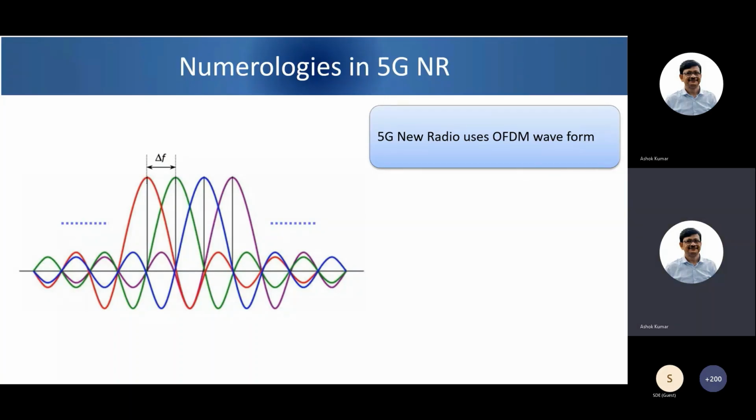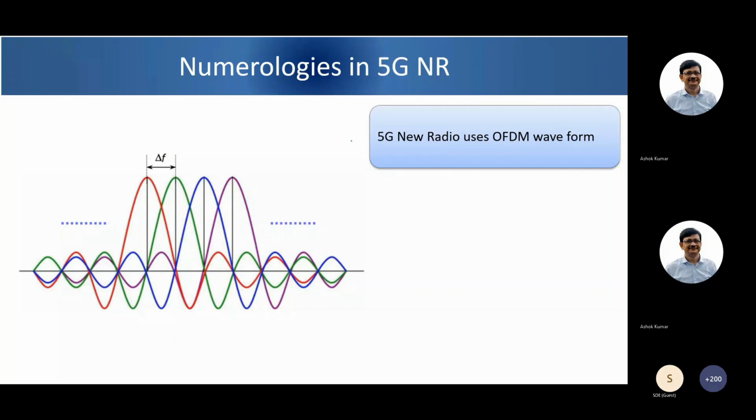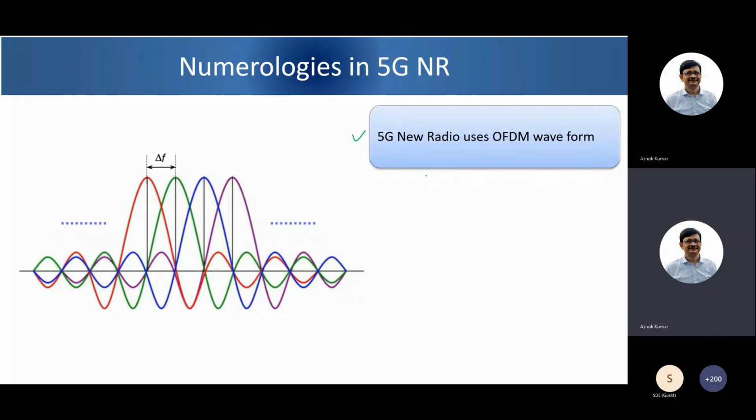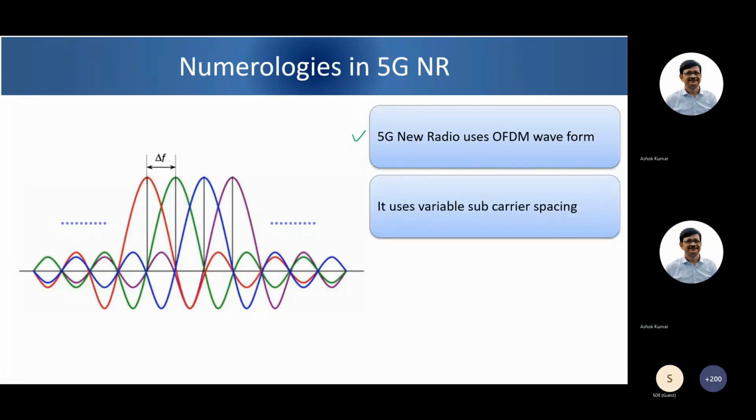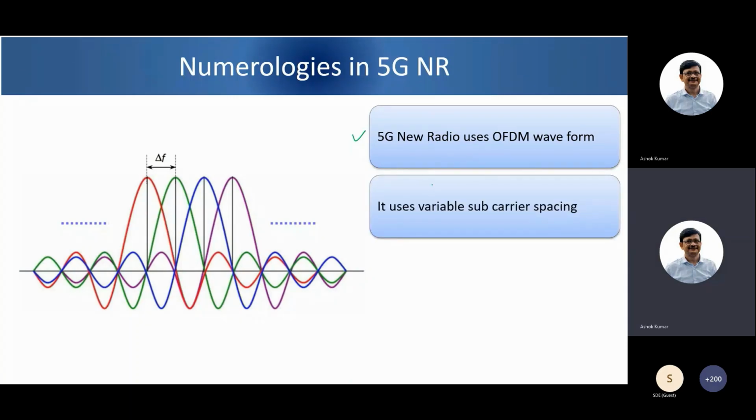As we all know and discussed, 5G uses an orthogonal frequency division multiplexing kind of waveform, and it uses variable subcarrier spacing. The earlier example I gave was 15 kilohertz, but that subcarrier spacing is variable in case of 5G.